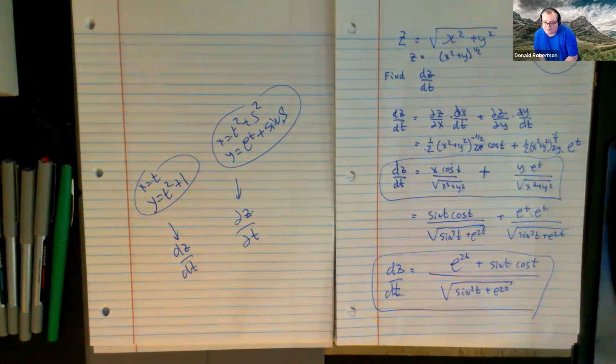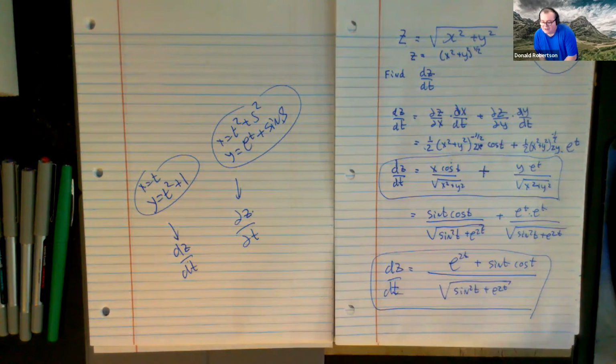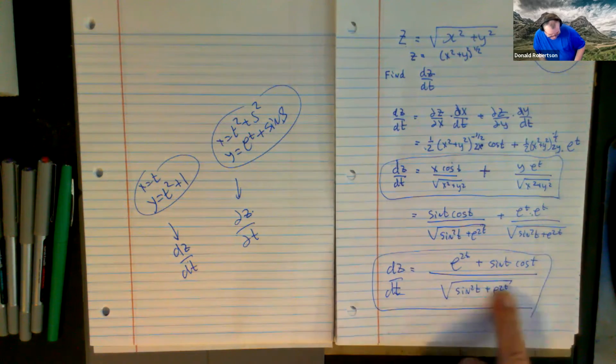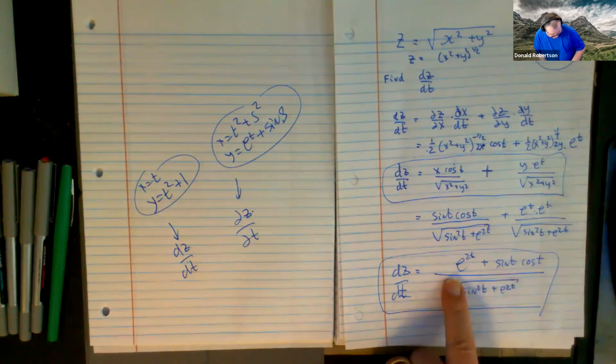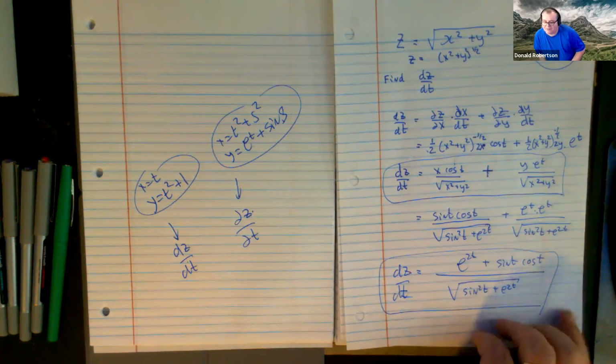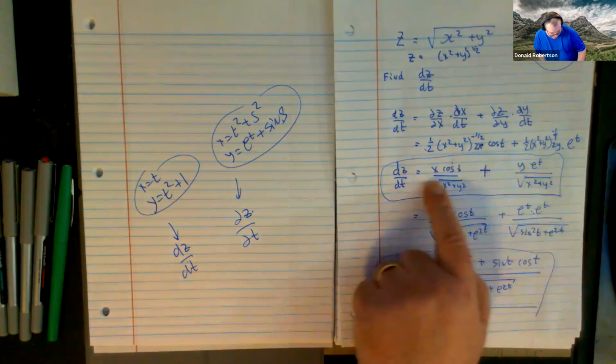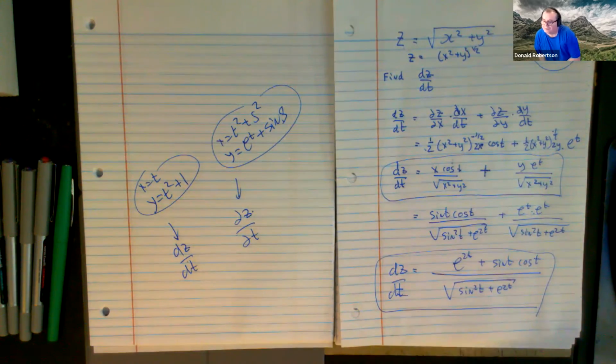And you would be, what do you mean? Well, I mean style points. So it's a good idea to do more than maybe WebAssign needs right now, just to get into good form, right? Get into a good habit. Secondly, isn't that a much prettier answer when I tell you what t is? Can't you get the answer right away? If I left it like this and I told you what t is, you'd see it's a little bit messier.